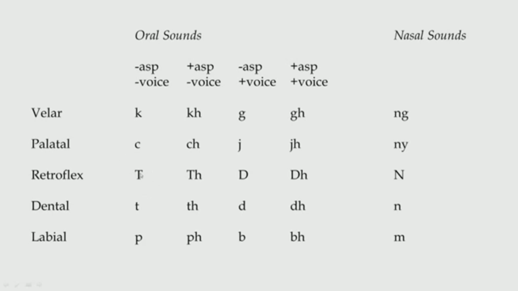One is ta. We call it a retroflex sound. And it's also important for us to know that retroflex sounds are a particular feature of languages of South Asian subcontinent, and particularly Dravidian languages.